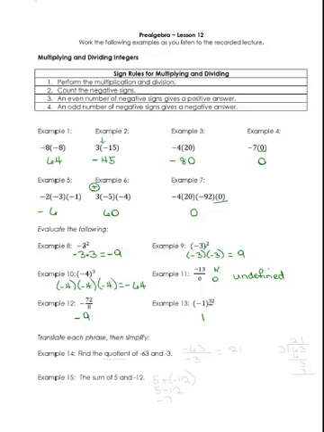For 14 and 15, we're going to translate these, and then we're going to simplify them. 14 asks us to find the quotient. Well, that's division, and it should be written in the same order as the problem. And for quotients in algebra, we usually use fractions. So what I've got is negative 63 divided by a negative 3. 2 negatives, even number of negatives, is going to give me a positive answer. And then all I have to do is 63 divided by 3.